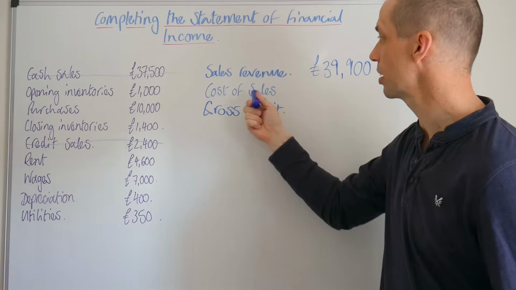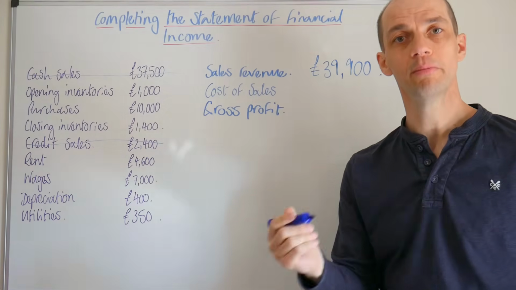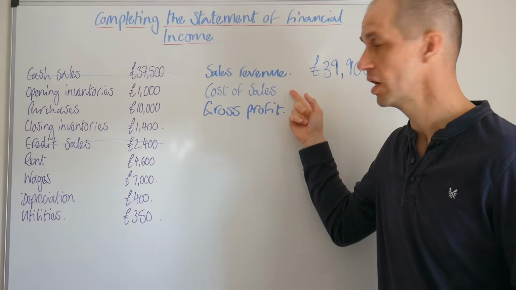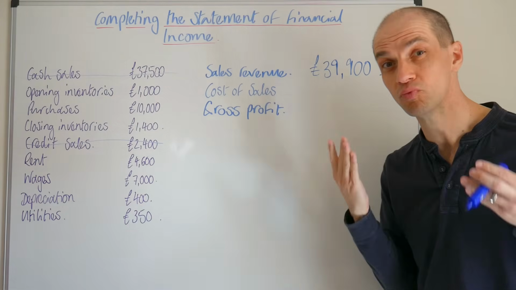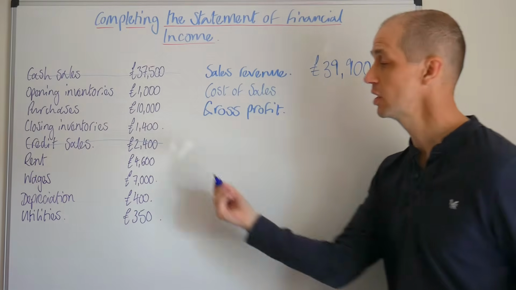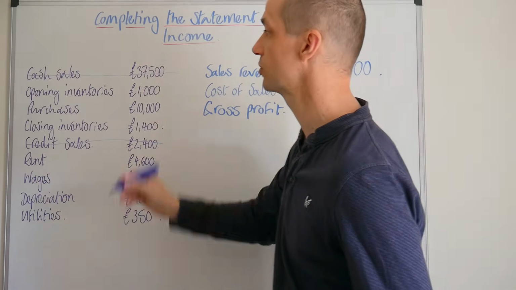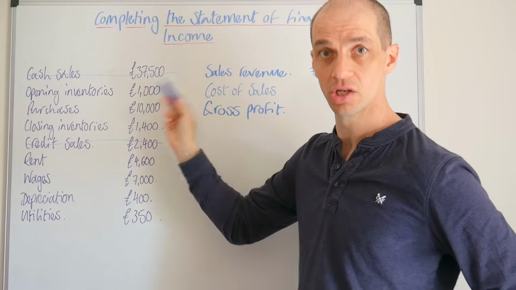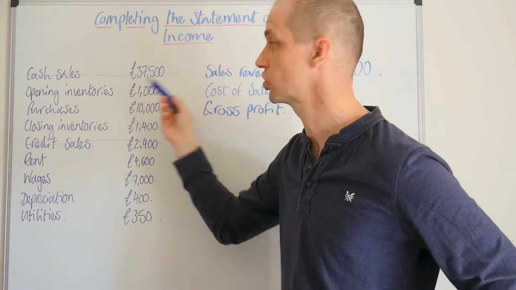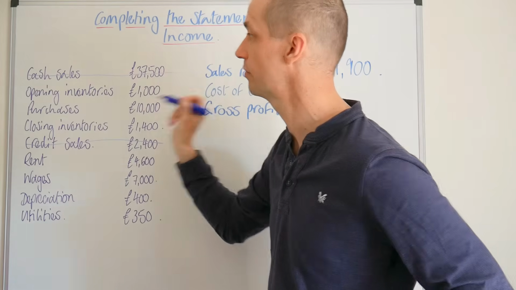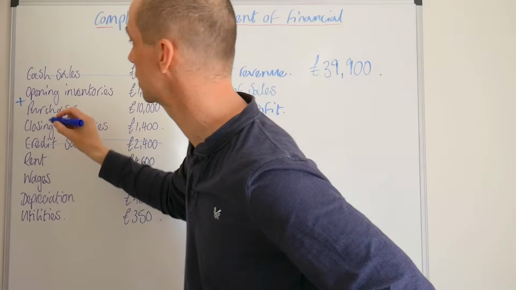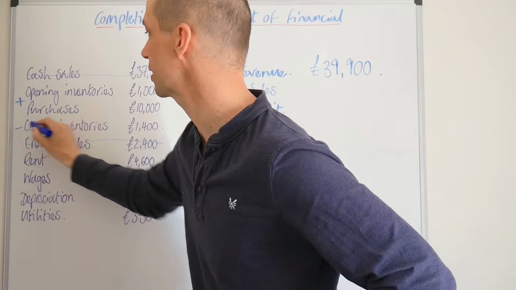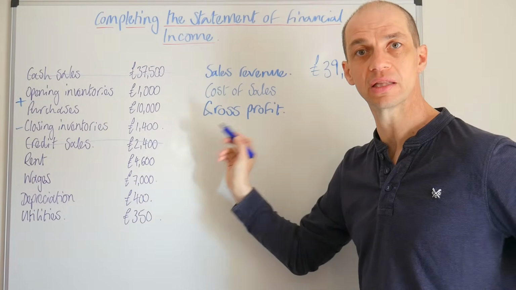Okay, so next up we've got cost of sales. Now remember, we did discuss the actual calculation of this, and it's really important that you understand this. The cost of sales is calculated by first taking your opening inventories, so whatever inventories or stock that you actually had at the start of the year, adding that together with the purchases, but then subtracting the closing inventories.